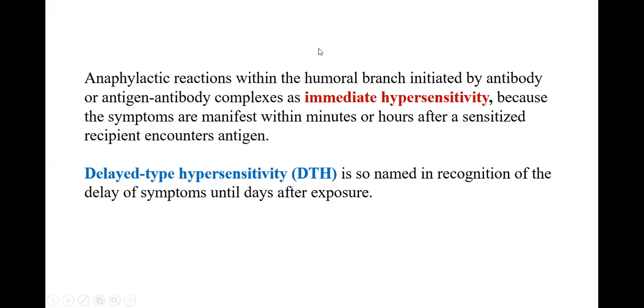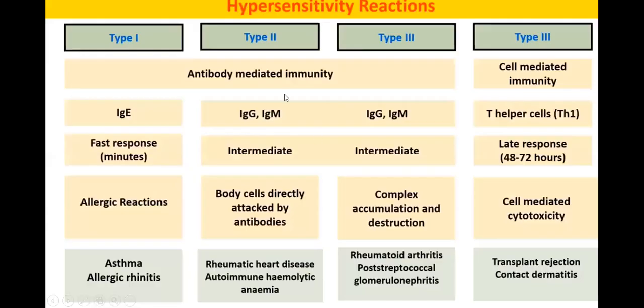So again, in the antibody based, we have seen that antibody can do multiple functions in terms of complement, opsonization, ADCC. It may work differently. So based on the different mechanism of how an antibody responds in immediate hypersensitivity, it is further classified into three types: type 1, type 2, and type 3.